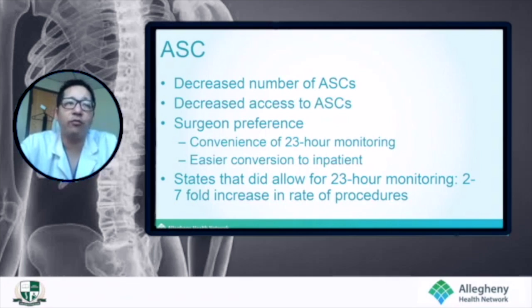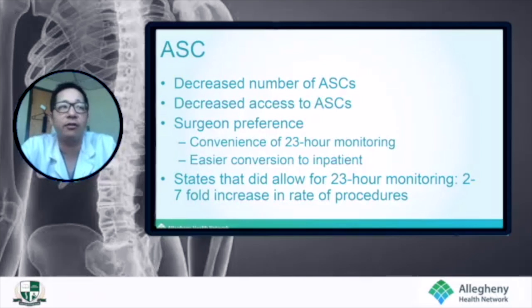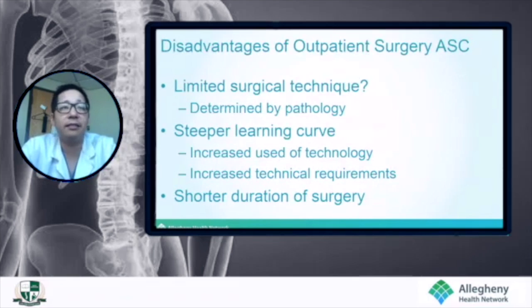And that's been shown that, especially with some states that do allow for 23-hour monitoring in an ambulatory surgery center, you have an increased rate of procedures. So certainly that does play a role in terms of surgeons wanting to perform these procedures in these centers.